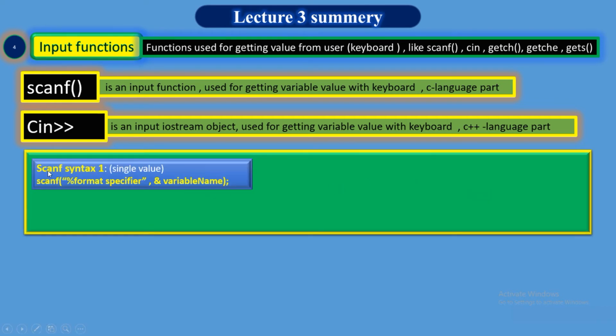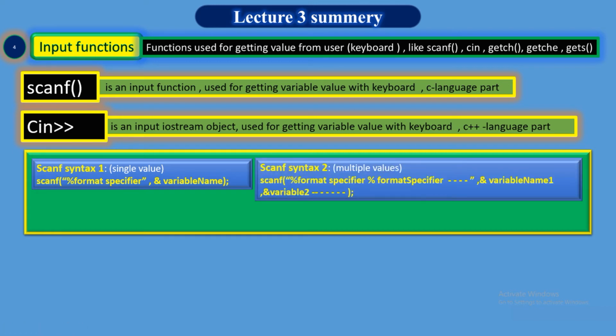The syntax of scanf, if we want to get a single value, is scanf, in double quotation the format specifier. We already learned about format specifiers. Then comma, ampersand sign, variable name, terminator.